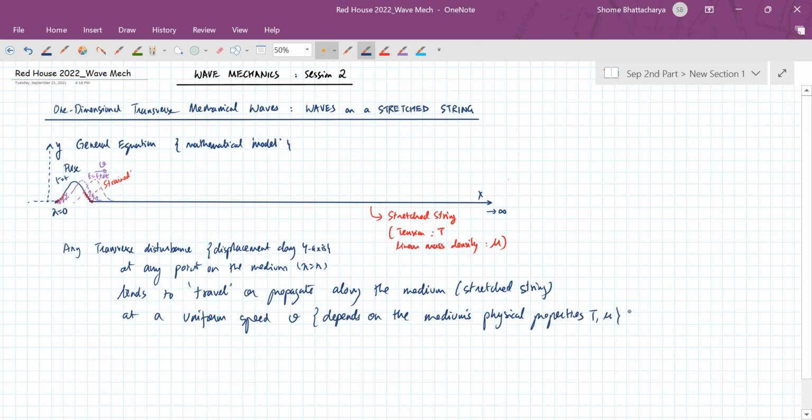So depending on how much tension the string has and how much inertia it has in the form of linear mass density, these two parameters will determine how fast this disturbance travels.